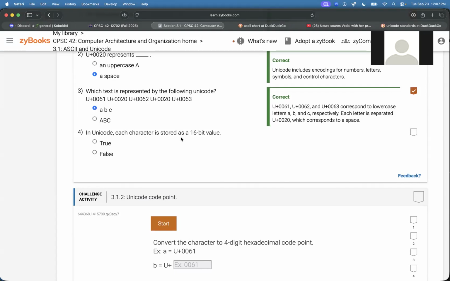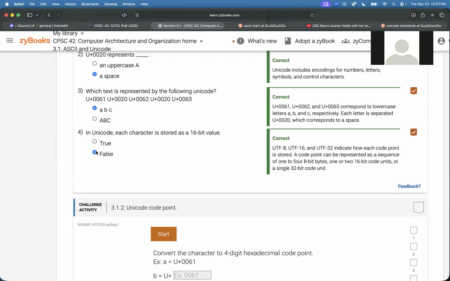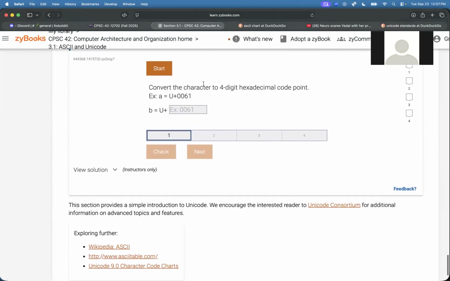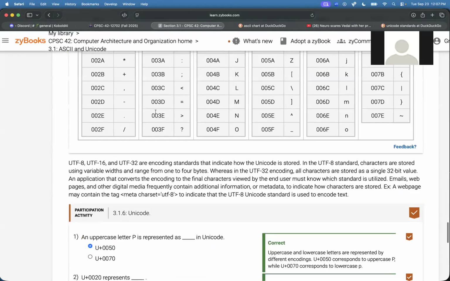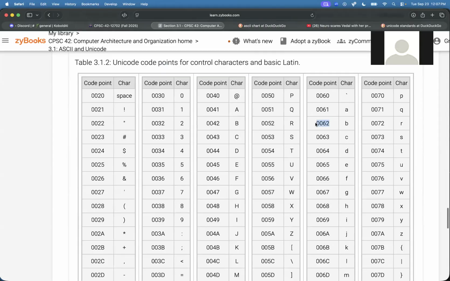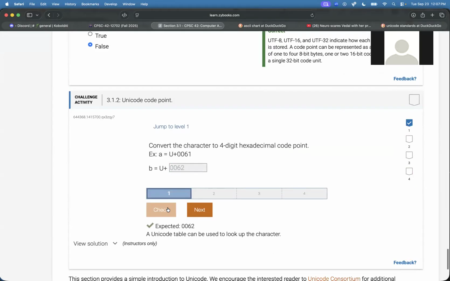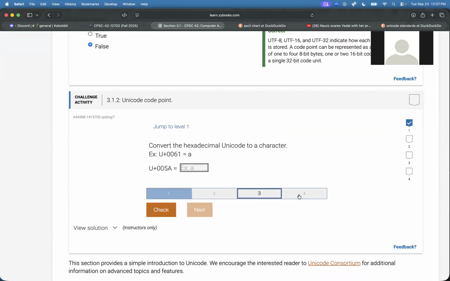Each character is stored as a 16-bit value. No, there are different encodings. You should be able to do this yourself, right? Like, what's a B? You come up here and look for lowercase b. It's 0062, so you put that in, and so on.